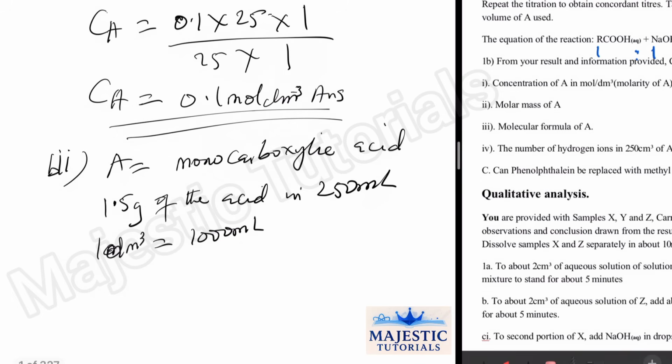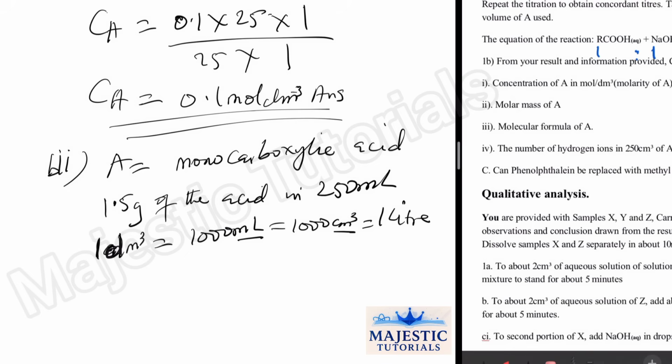I want to clear you here that 1 dm cube is the same thing as 1000 milliliter, which is the same thing as 1000 cm cube. So cm cube and milliliter is the same thing but different terminology. Milliliter, cubic centimeter, is the same thing, which is equal to 1 dm cube, and all these still mean 1 liter. So be careful, no matter the units they are using.